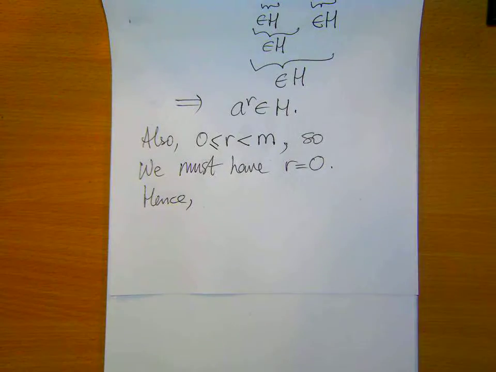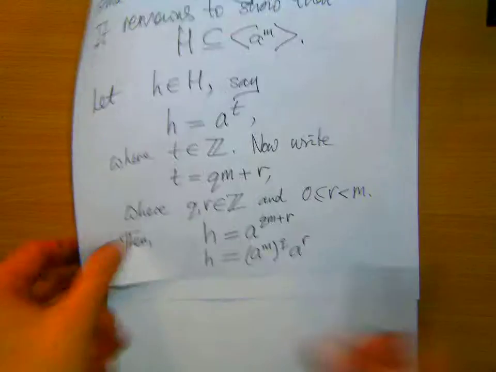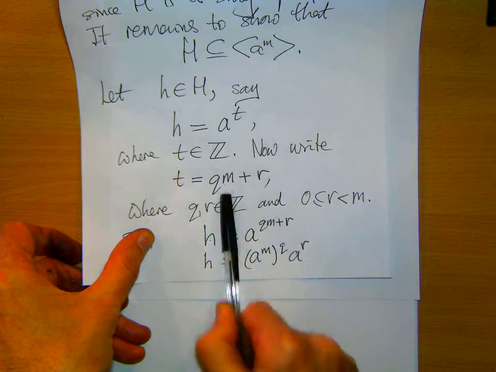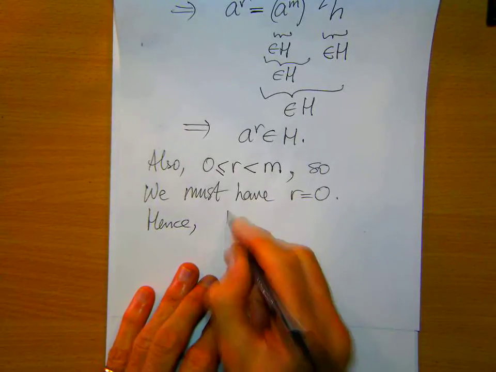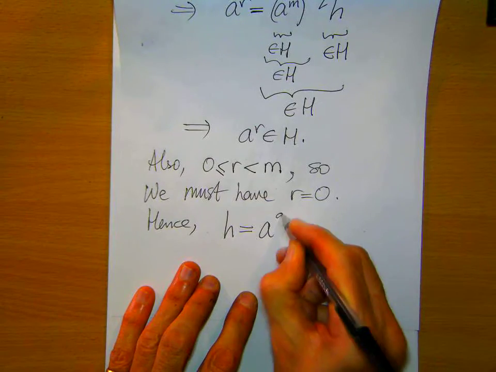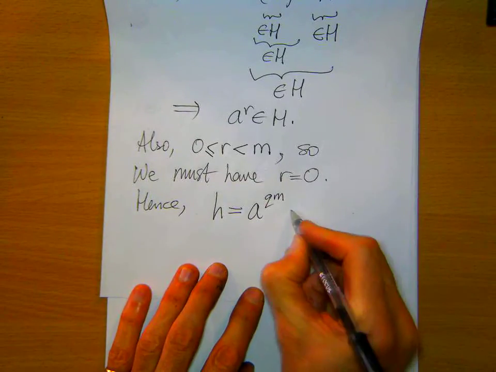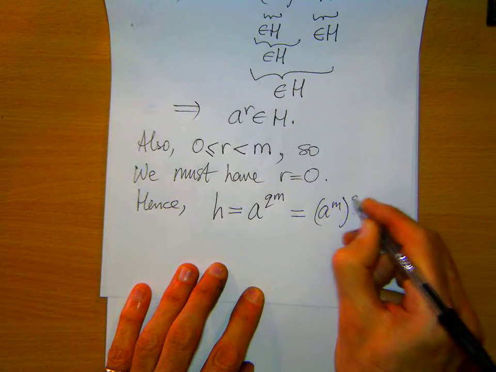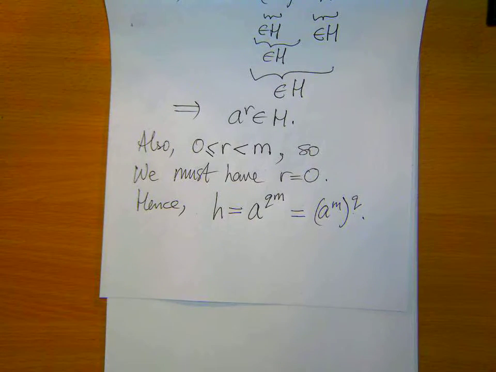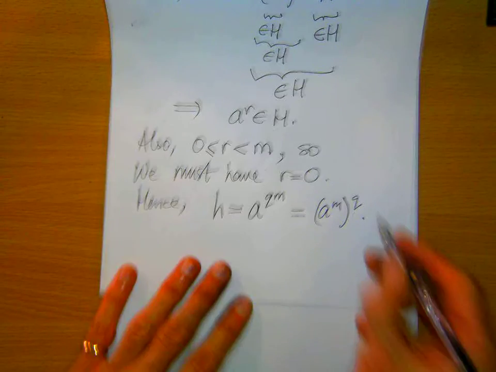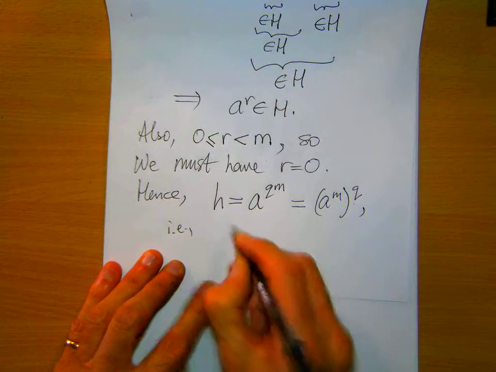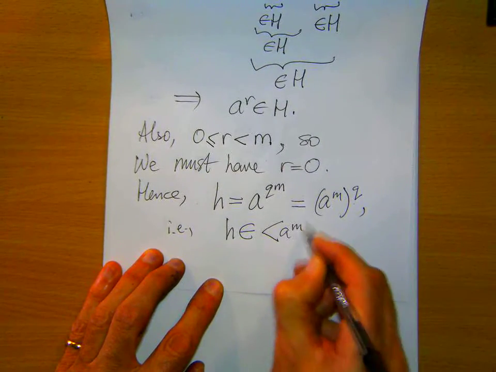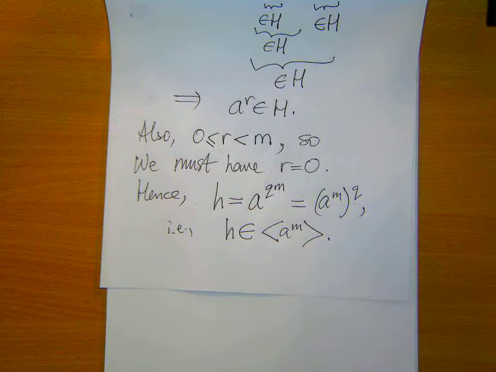Just going back to here, r must be 0, so t must be qm, which is a to the m all to the q. So what we've proved is that our element little h is actually a power of a to the m. So in other words, H is in the subgroup generated by a to the m because it's a to the m to some power.